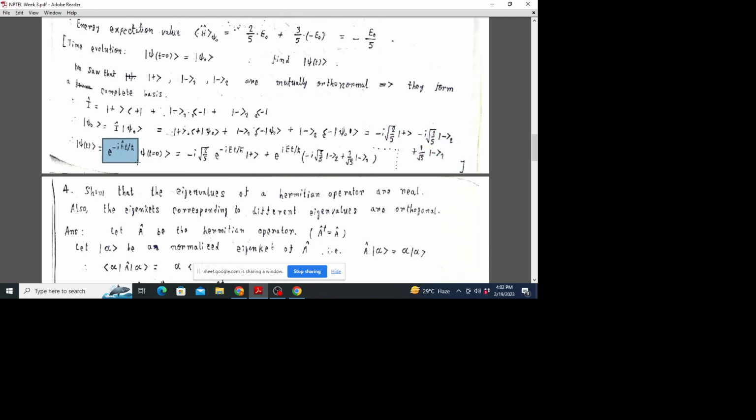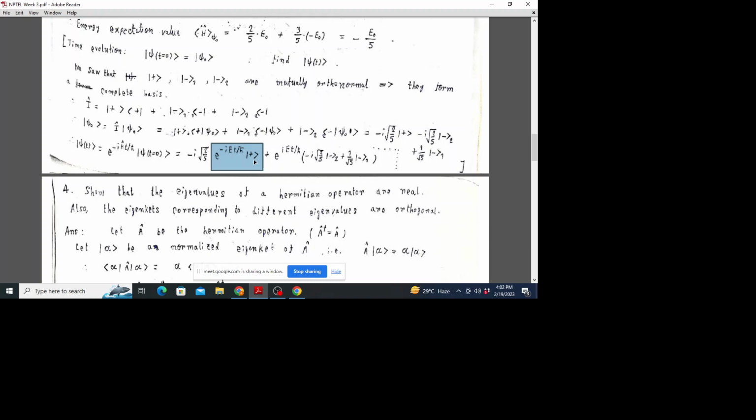Of course, if plus is an energy eigenstate, that means H acting on this plus gives you E naught times this plus state, right? So e to the power minus i H t by h cut just gives another eigenvalue equation, with eigenvalue e to the power minus i E naught t by h cut, and plus is already an eigenvector of H, and of course it will remain an eigenvector.